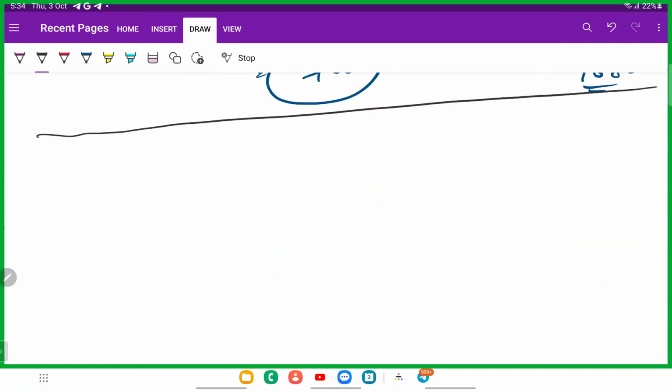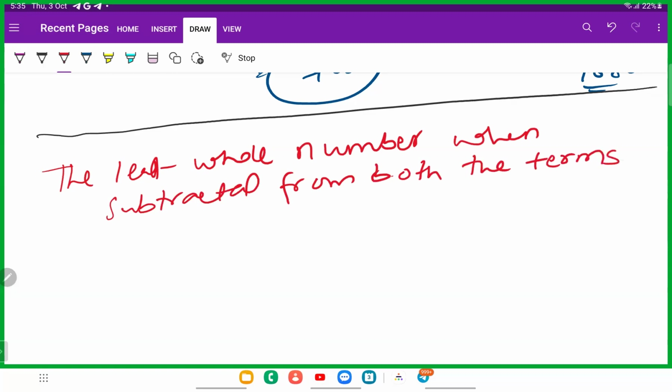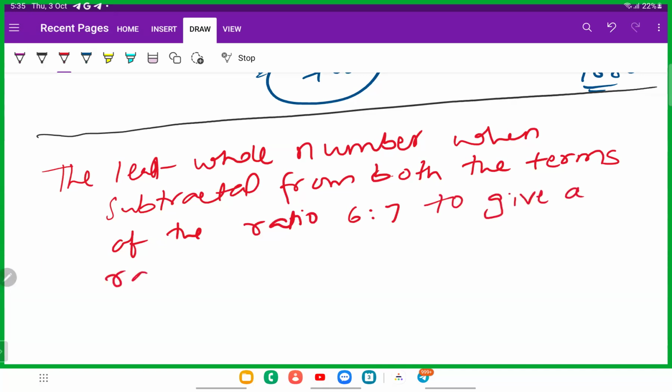So this is a problem on ratio. Olympiad problem: the least whole number which, when subtracted from both the terms of the ratio 6:7, gives a ratio less than 16:21.